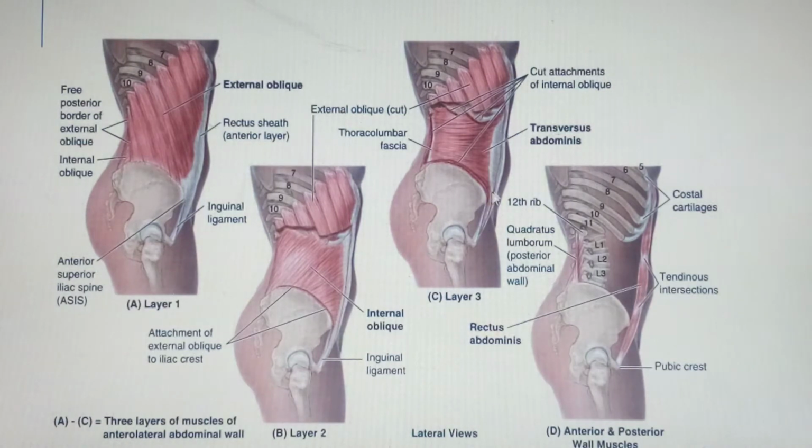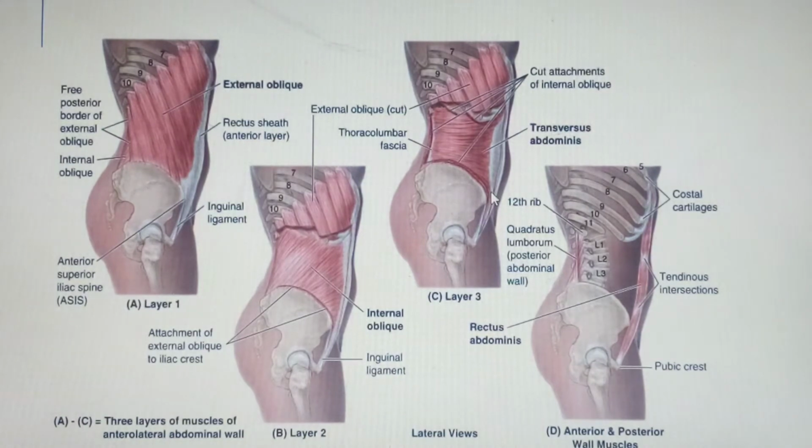Then I told you that their attachments are going to be similar for internal oblique and transversus abdominis, and therefore another origin will be the connective tissue deep to the lateral aspect of the inguinal ligament.